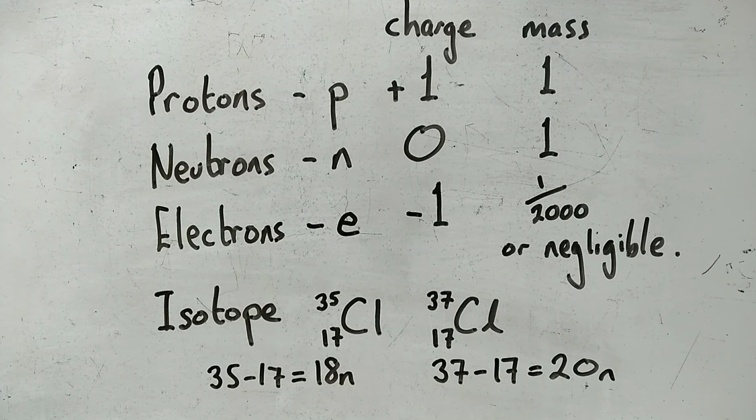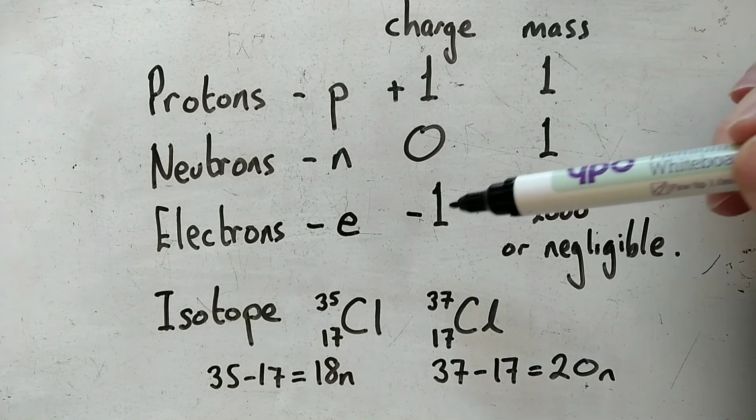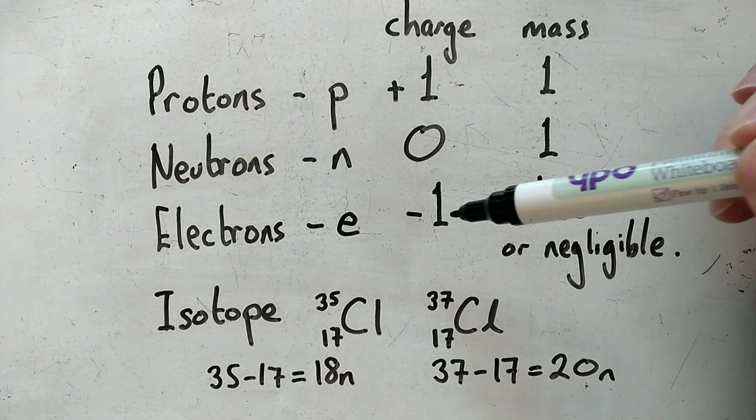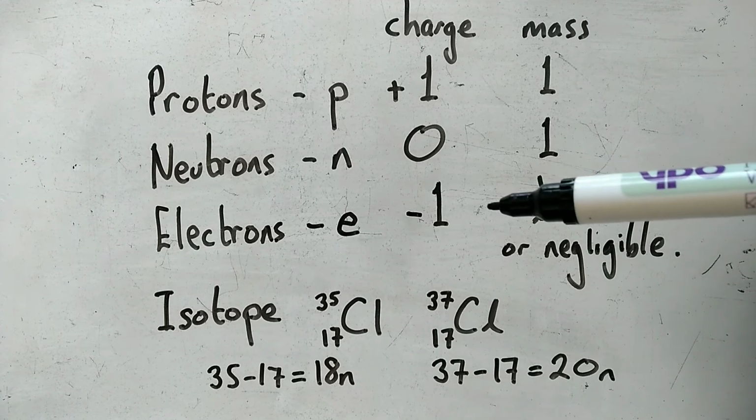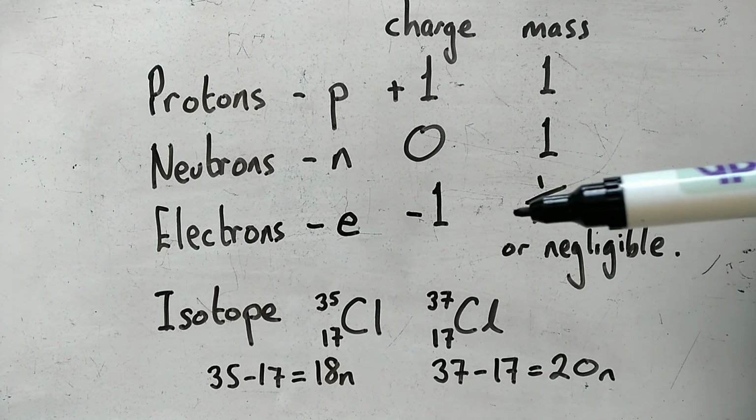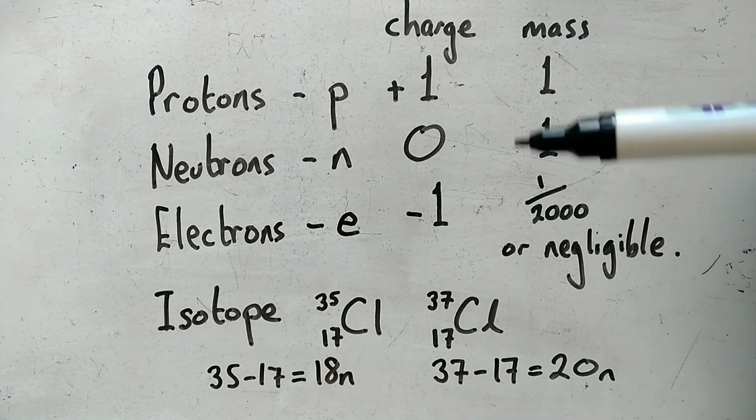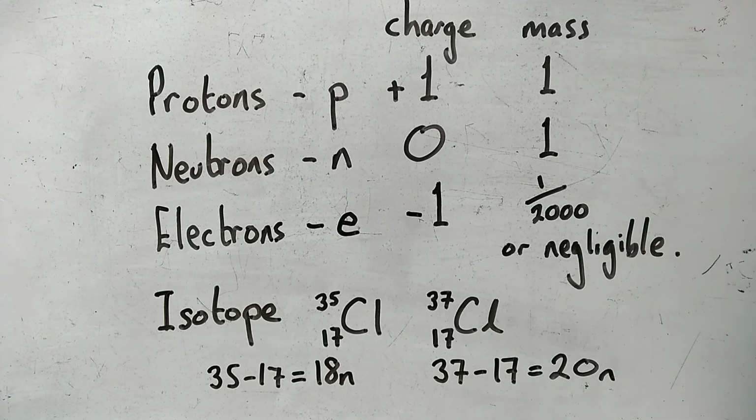If you want to make a particle which is not neutral, all you have to do is change the number of electrons. Now, that makes something called an ion, and an ion is simply an atom which has either gained or lost electrons. Again, you should be relatively familiar with this because you've talked about things going to a full outer shell.